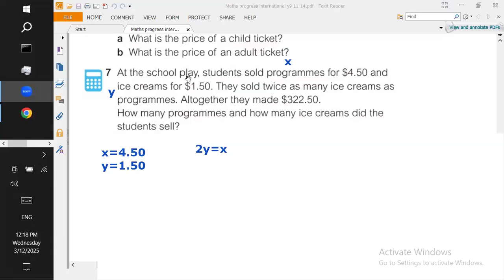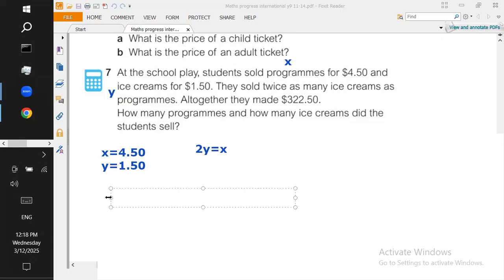Now, the last equation, which is altogether they made $322.50. I'm gonna write it like this, okay? So altogether, it means the programs and the ice creams together, each one costs this one.